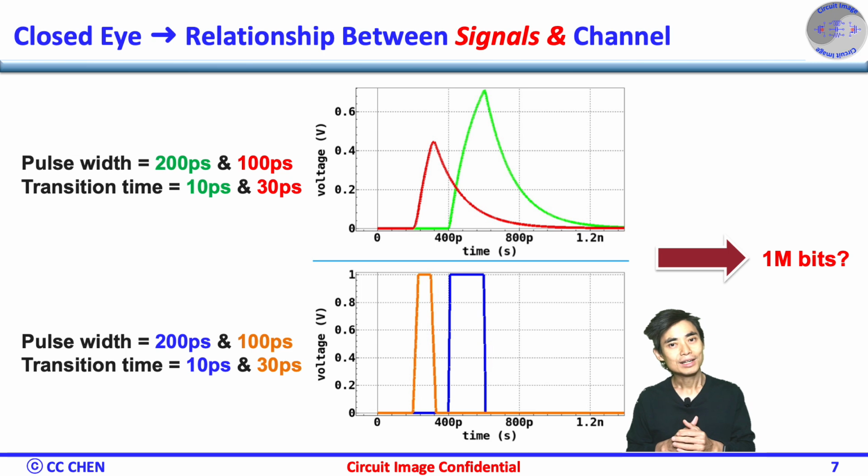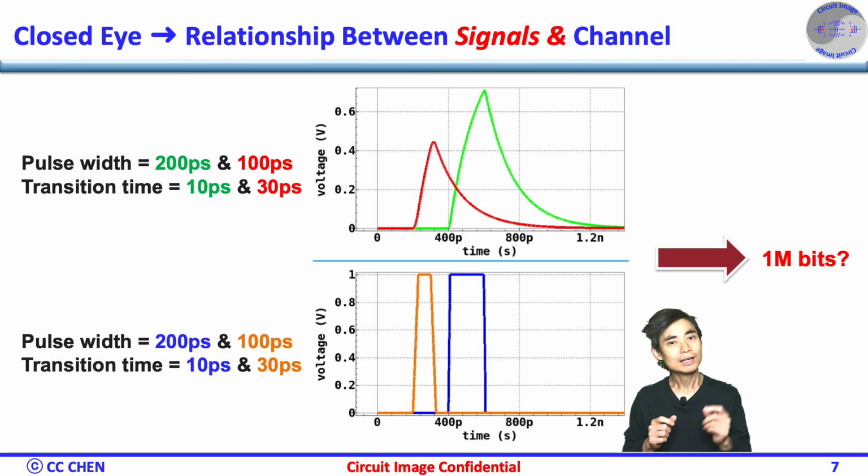On the other hand, a sharper transition time over a narrow pulse width might have a bigger sensitivity from the channel's discontinuity. Those observations from both the signal and system will help you easily understand how to recover the signal after the channel from distortion or bit errors.